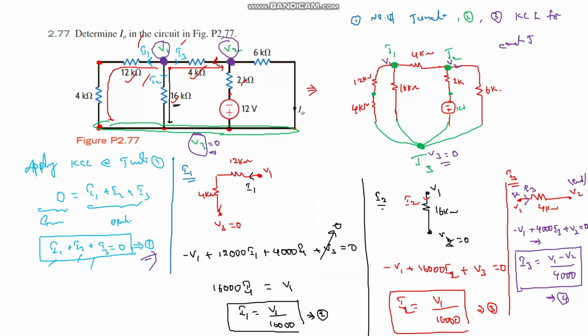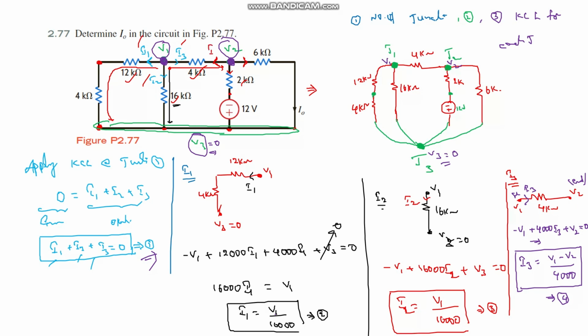I am assuming this is an outgoing current, this is also outgoing, and this is also outgoing. At junction 1, I already assumed I1, I2, I3. You can also assume I1, I2, I3 at junction 2, but to get a clear idea of currents, here I am assuming different currents.